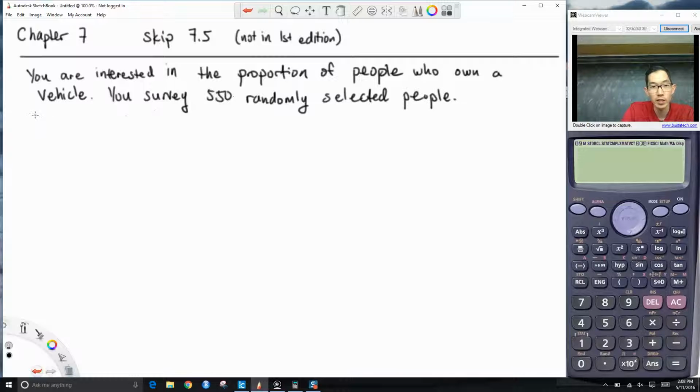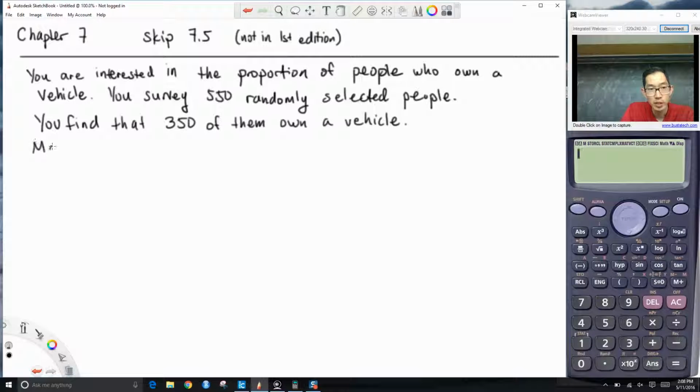Okay, and you find that 350 of them own a vehicle. Okay, so I'm going to say make a 90% confidence interval for the proportion of vehicle owners in the population.